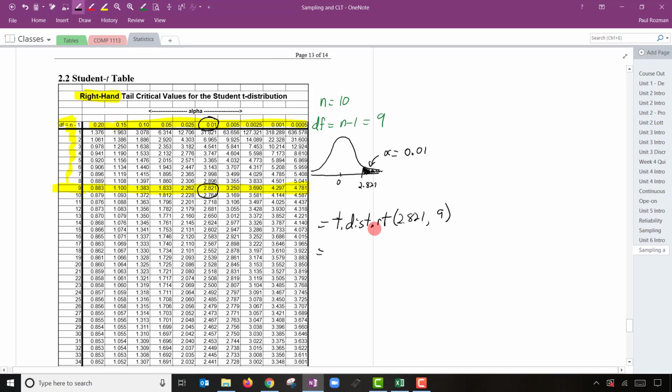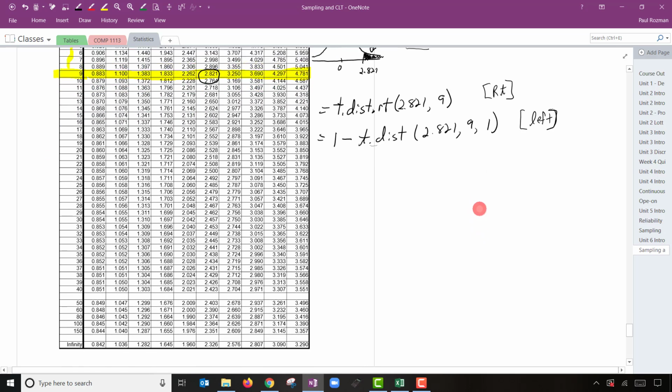There's also a t.dist function, so we could get the same answer by going 1 minus t.dist of 2.821. And for some reason they want us to say cumulative when we go to the left, and we don't have to use cumulative when we go to the right. But these two equations should yield the same probability. It won't be exactly 0.01, it'll just be close to that, because Excel is more precise than the table.